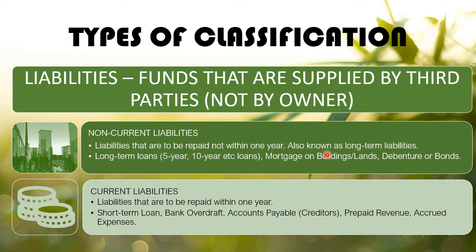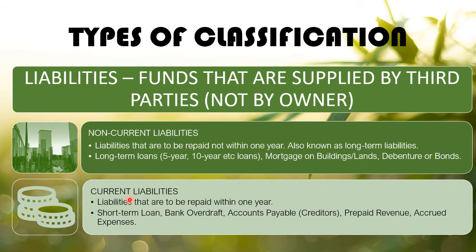Also known as long-term liability, such as a 5-year loan ke 10-year loan ke, or perhaps we have a mortgage on our building and land, so kita pajakkan kita punya aset untuk mendapatkan pinjaman, or perhaps that you have issued debenture or bonds. Tapi debenture and bonds ni hanya untuk syarikat sahajalah. Sole proprietorship tidak ada debenture or bond. So if you are a sole proprietorship, your liability may consist of long-term loans or mortgage.